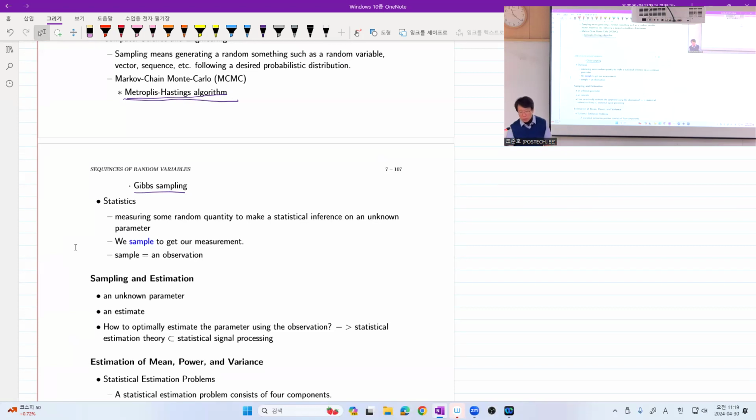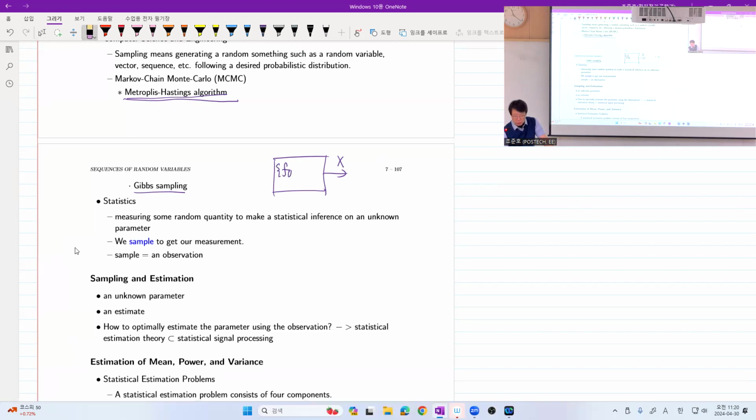So it's more related to the courses you've taken about statistical inference. For example, suppose you have a random source. So you have some observation X. However, this distribution is not single. You have a family of distributions parameterized by theta.